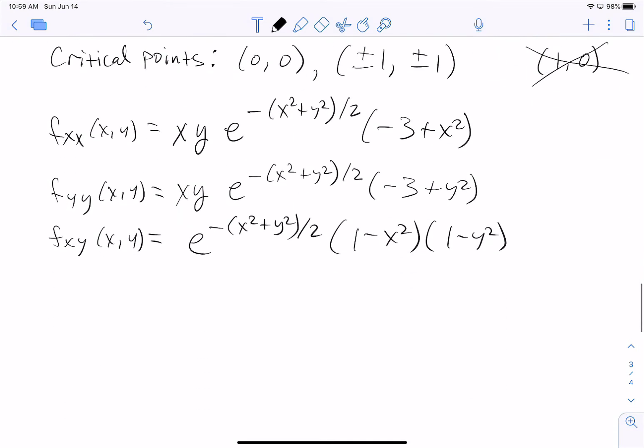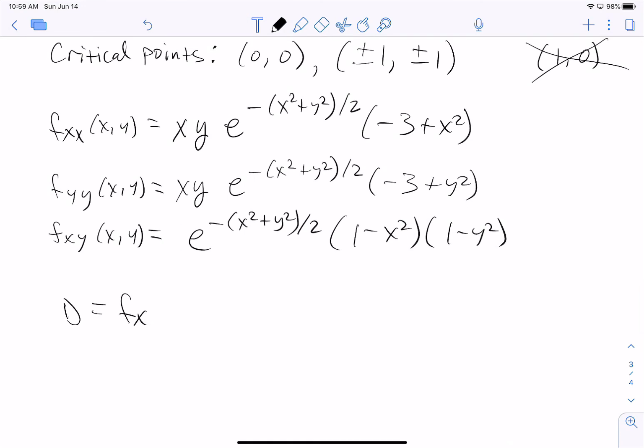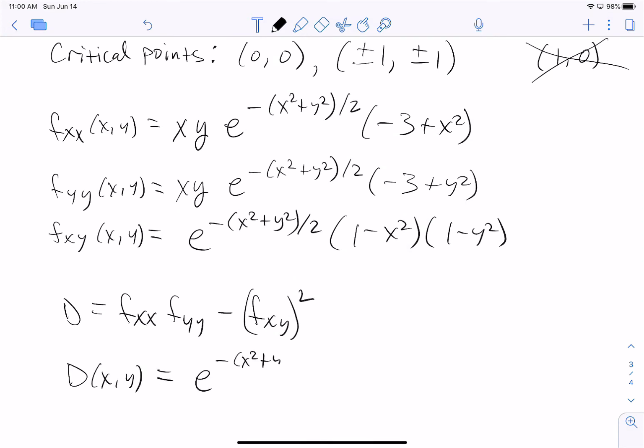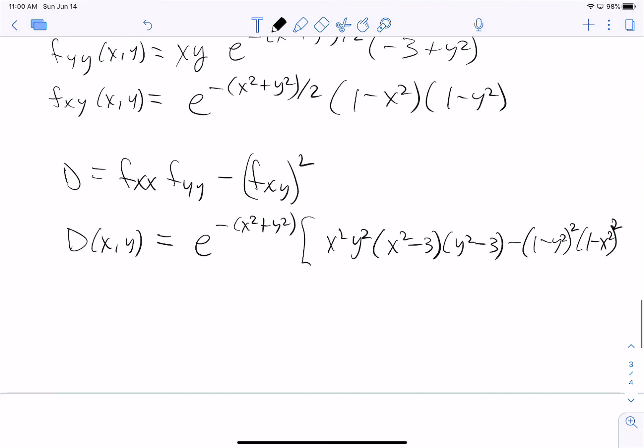Now, d, you'll recall, is equal to fxx times fyy, minus fxy squared. Once again, you should confirm that d of (x,y) is equal to e to the negative quantity x squared plus y squared times the quantity x squared y squared times x squared minus 3 times y squared minus 3, minus 1 minus y squared quantity squared times 1 minus x squared quantity squared, end bracket.